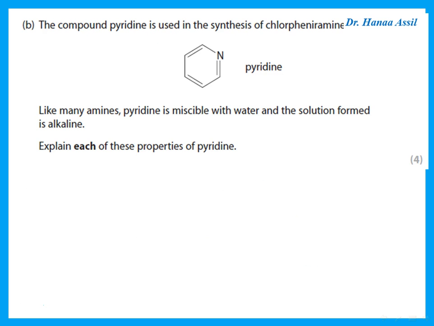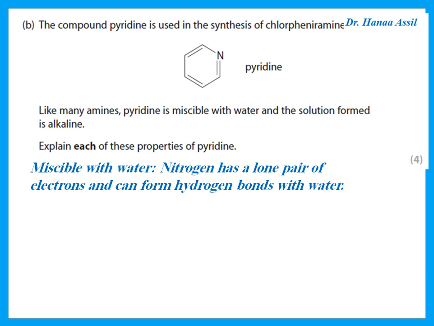The compound pyridine is used in the synthesis of this compound. Like many amines, pyridine is miscible with water and the solution is alkaline. So explain each of these properties. Okay, why is it miscible with water? First of all, nitrogen has a lone pair of electrons, and this lone pair of electrons allows it to form hydrogen bonds with the water.